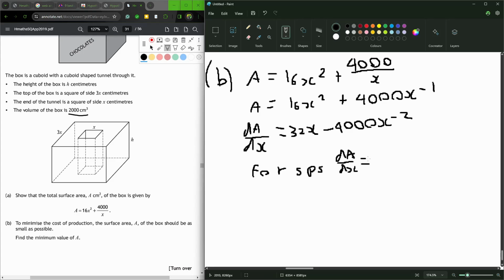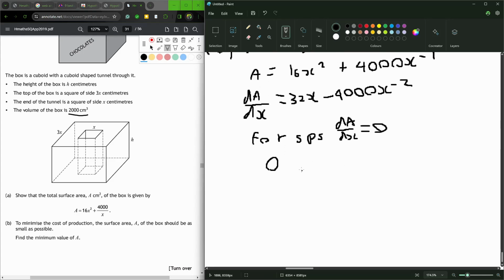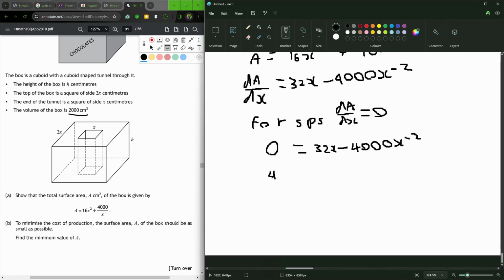So that means 0 equals 32x minus 4,000x to the minus 2. I'm going to add this onto the other side. So we have 4,000x to the minus 2 equals 32x.